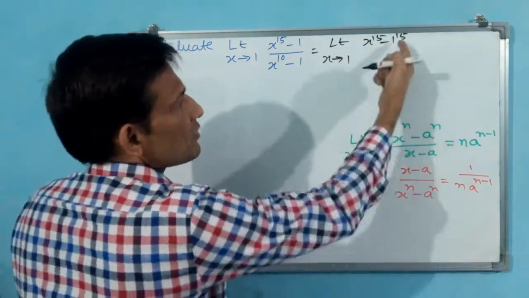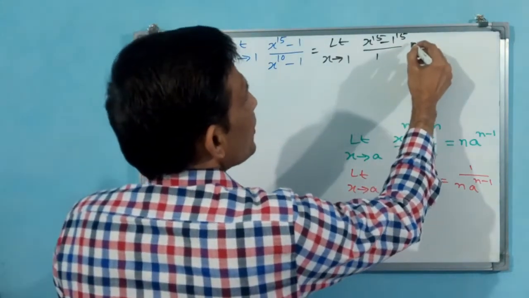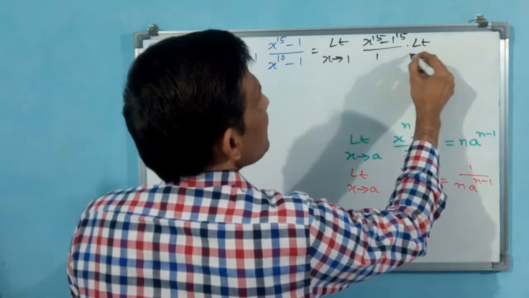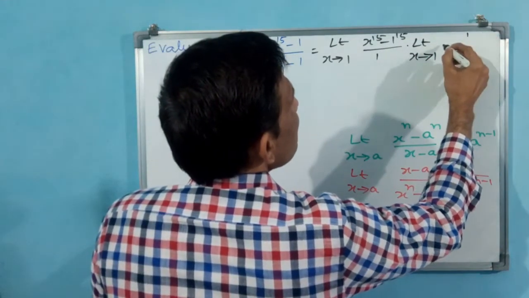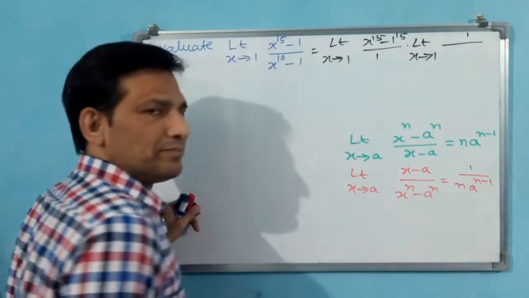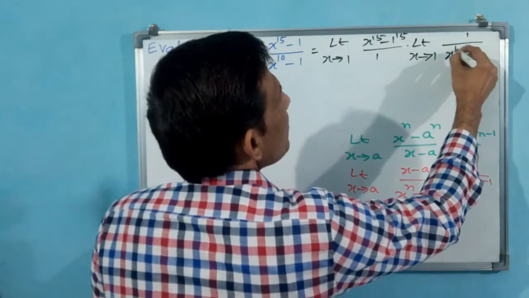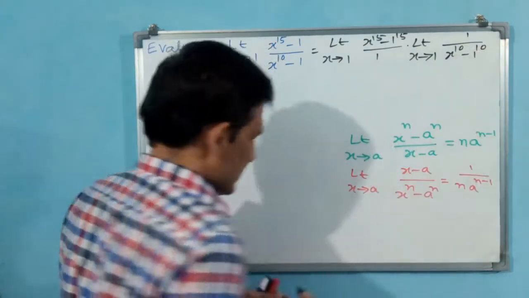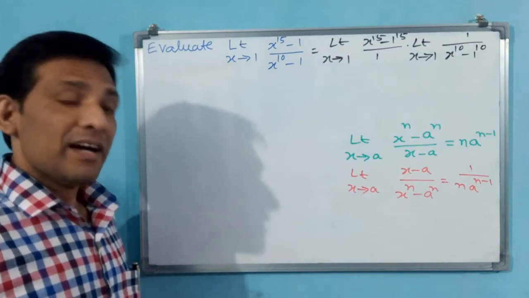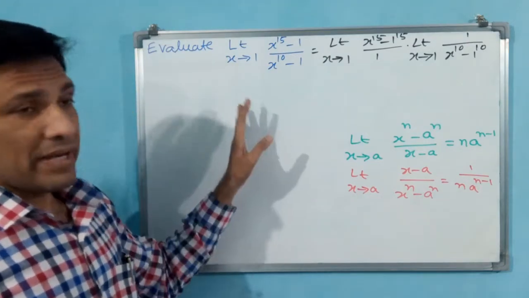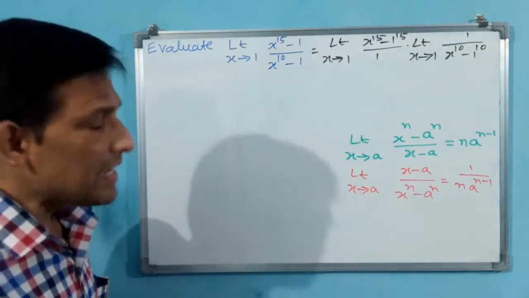Because I want to keep n. Divided by 1 into limit x tends to 1, divided by x to the power of 10 minus 1 to the power of 10. Shall I write like this? Definitely I can write like this, but here we don't get any result if you do it like this. But now I am slightly modifying this.